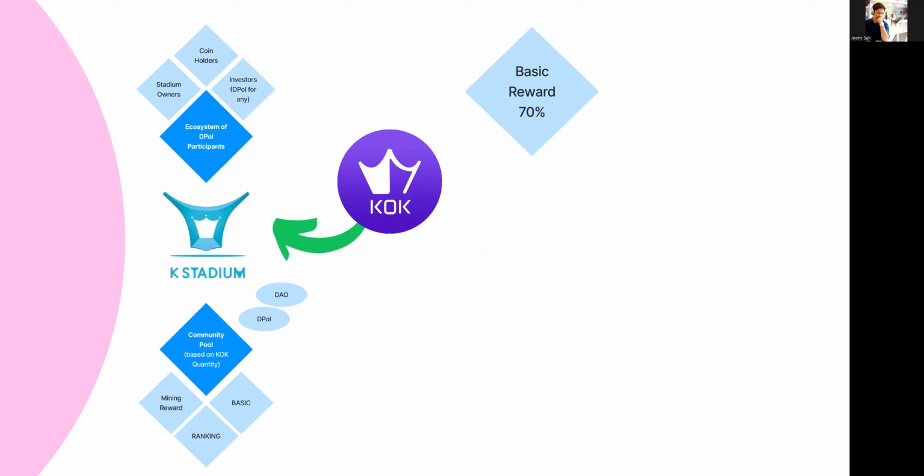Wow, my English today is just not working with me. 70% is called basic reward, which means if you participate in the K-Stadium's community pool, you can receive part of this 70% basic reward, meaning as long as you participate, everyone and anyone, no matter which node or which SO or which group, these are all the same things, you join or delegate your investment to, you are still taking part of the pool of the 70% basic reward that is being distributed into K-Stadium.